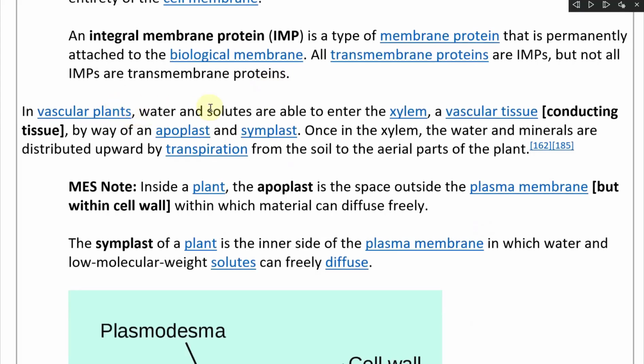In vascular plants, water and solutes are able to enter the xylem, a vascular or conducting tissue, by way of the apoplast and symplast. Once in the xylem, the water and minerals are distributed upwards by transpiration from the soil to the aerial parts of the plant.